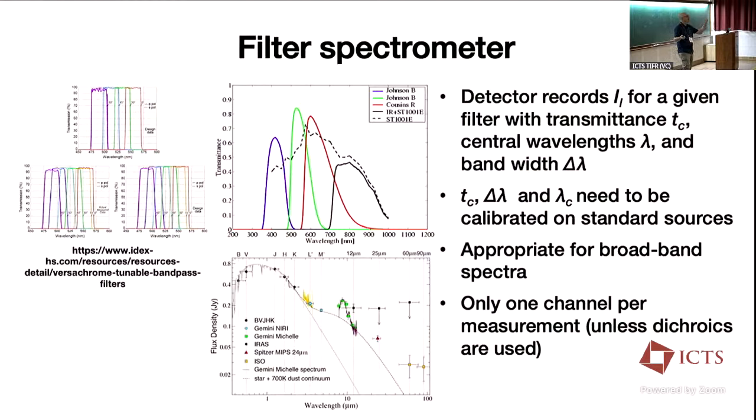So lambda over delta lambda, lambda over bandwidth, is of the order of 10 at most. So the resolving power is very low. And this will force me to do many measurements, one after the other, or with a dichroic, but I will still remain with a very low resolving power.